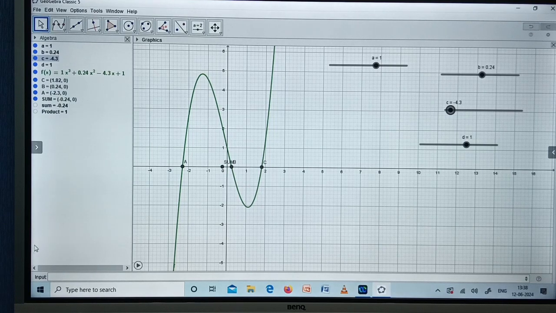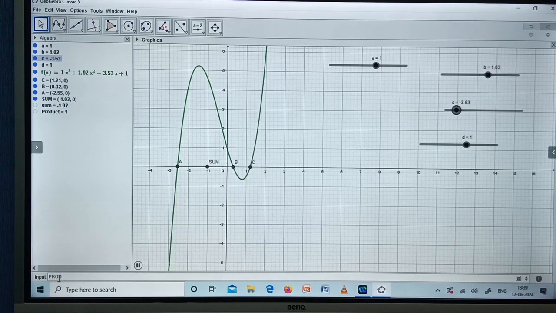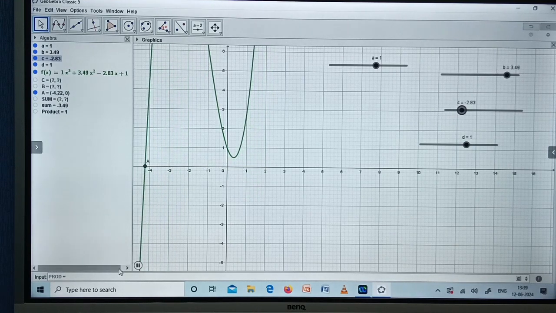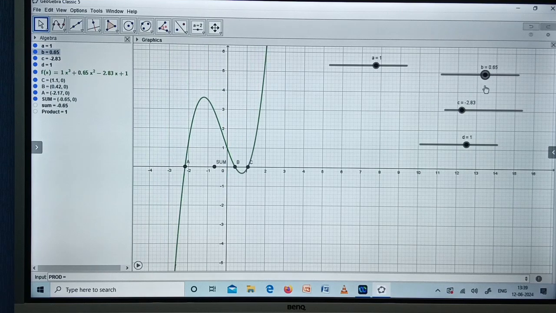D by A. Now, I'm also going to find the product. Okay, now I'm going to find the product as A star B star C.